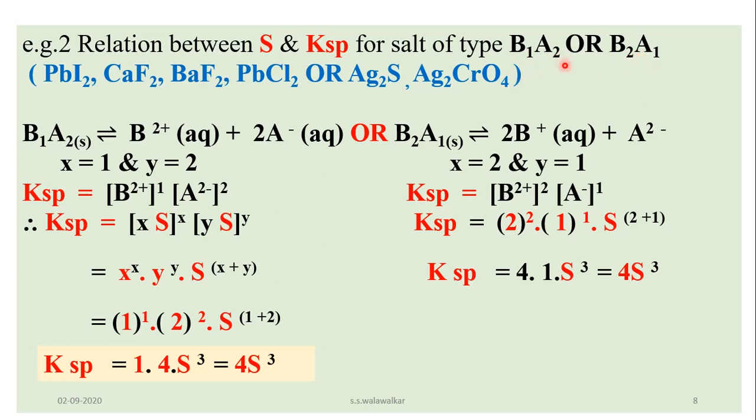Here the ratio is 1:2. In both types of salt, Ksp is equal to 4S3. How, that we will see.